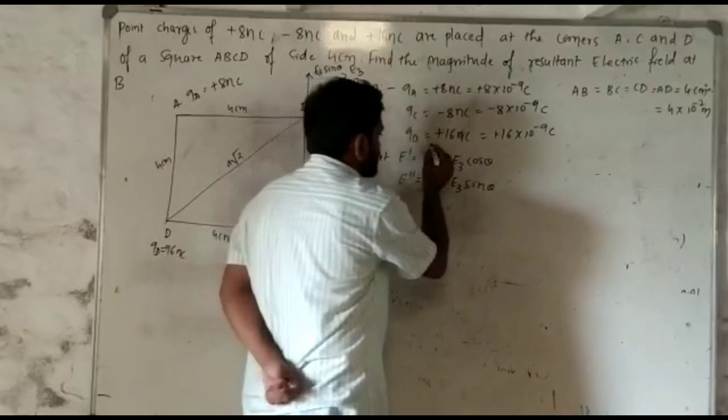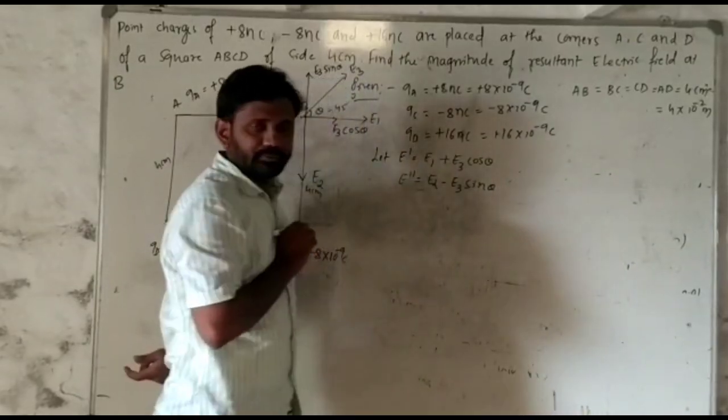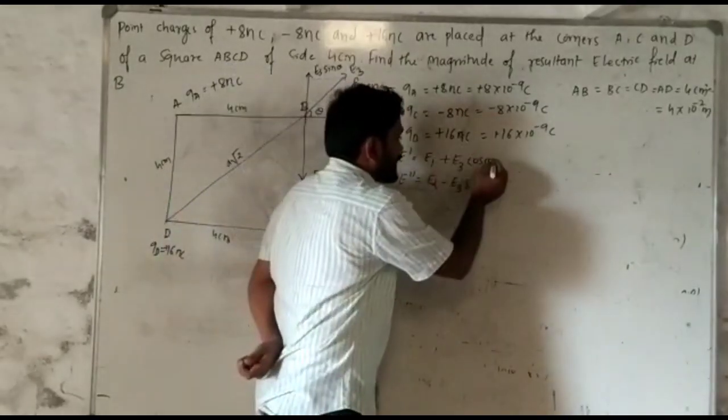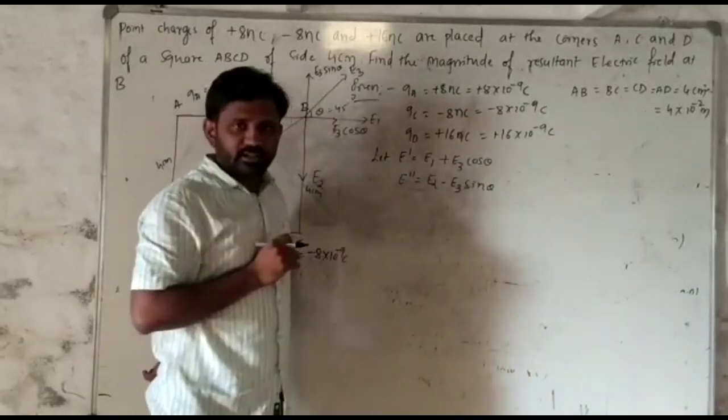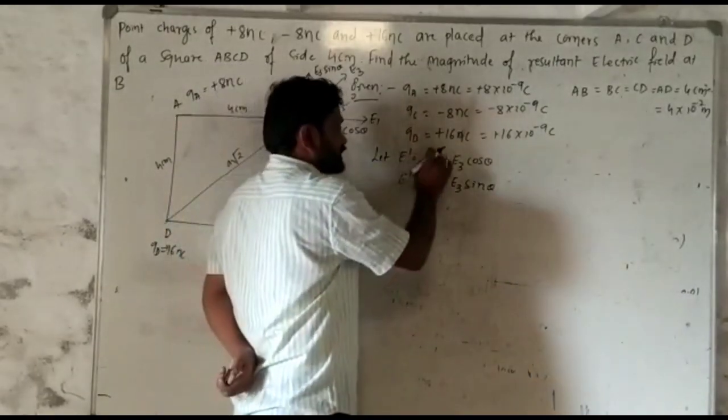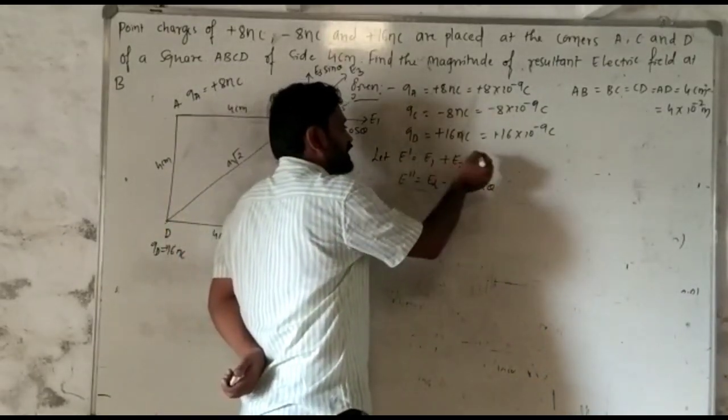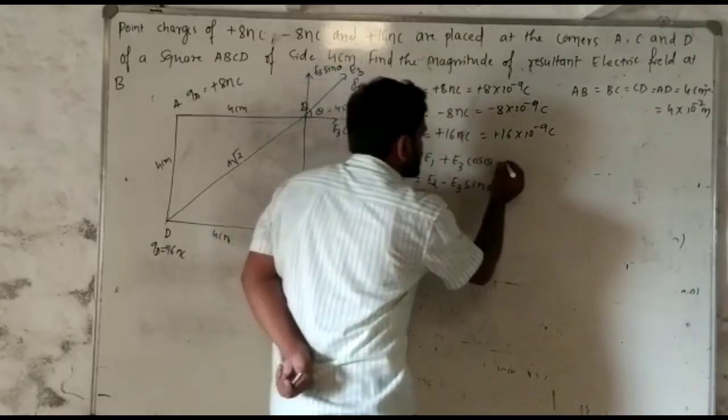See, already we know the value of E1, E3, and theta is equal to 45 degrees. Substitute the values of E3, E1 and theta in this equation.